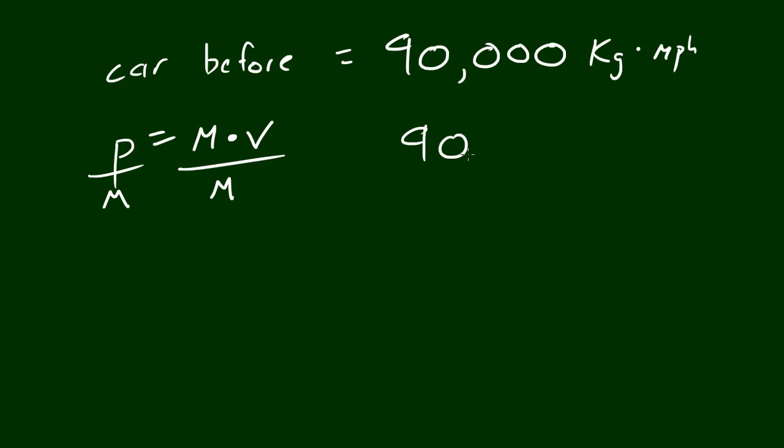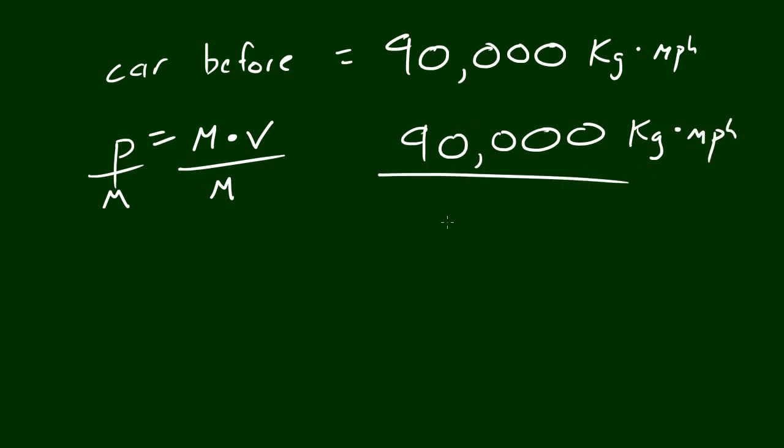In this case, the total momentum of the car is 90,000 kilograms times miles per hour. And if you forgot, the total mass of the car alone, not the entire system, but only the car, was 3,000 kilograms.